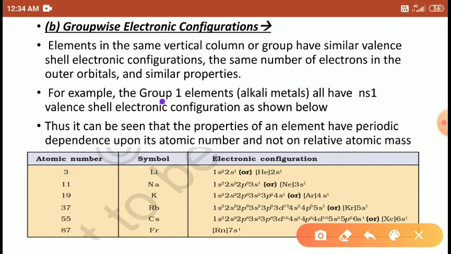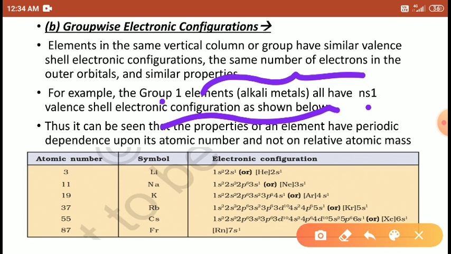Example: group 1 elements, the alkali metals, with the ns1 valence shell electronic configuration shown below. The property of the elements in the periodic table depends upon the atomic number and not the atomic mass.